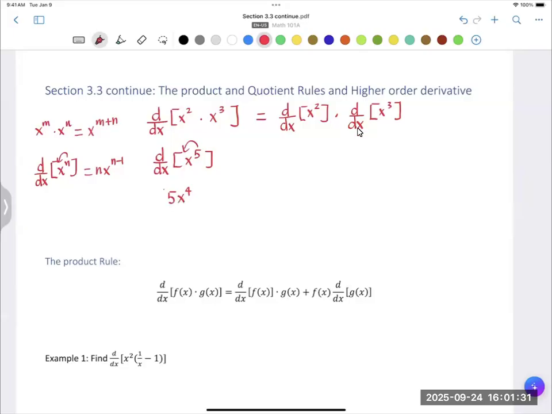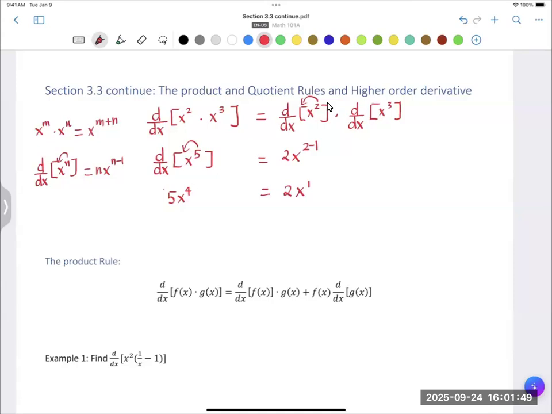Now on the right-hand side, if I take the derivative individually and multiply them, I will have 2 times x to the power 2 minus 1, which is 2 times x to the power 1.